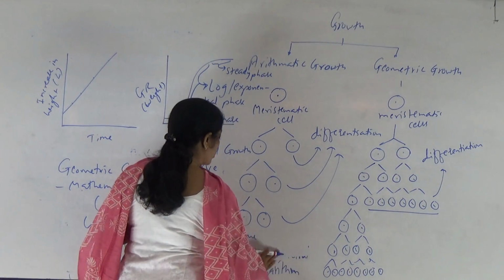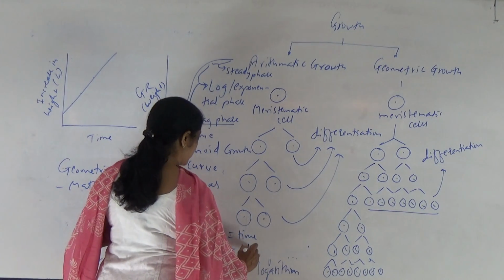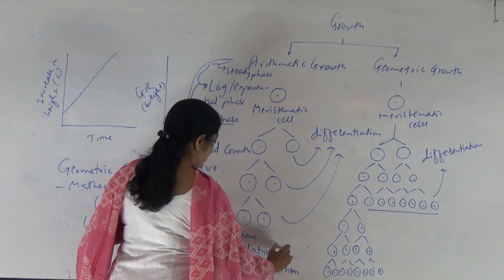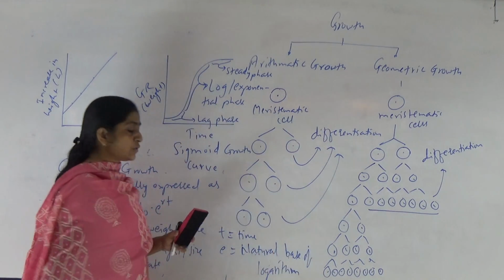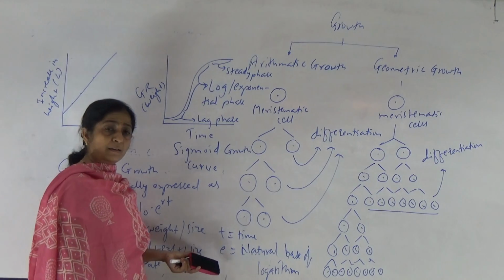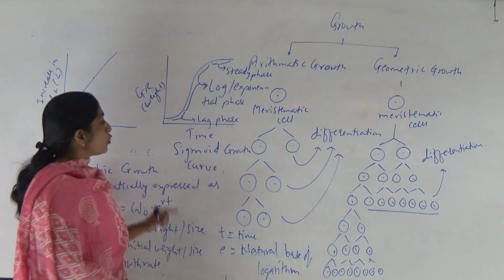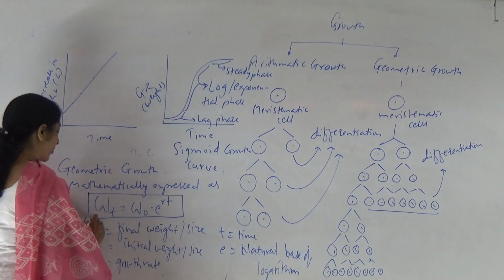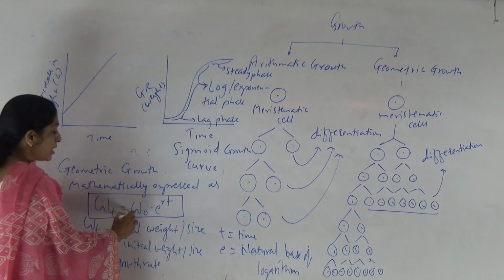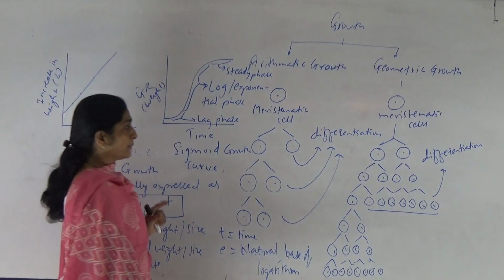right? Natural base of logarithm, you can say either way. Base of natural logarithm or natural base of logarithm, right? e is the base of natural logarithm, right? So this is mathematically expressed like this: Wt equal to W0 into e raised to RT, right?